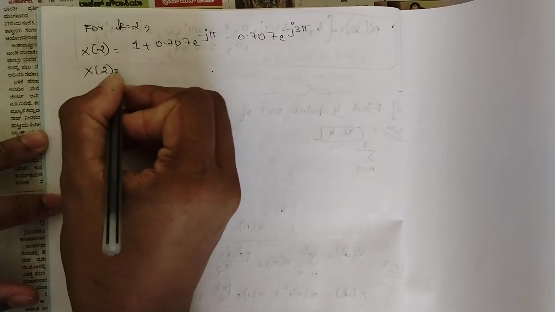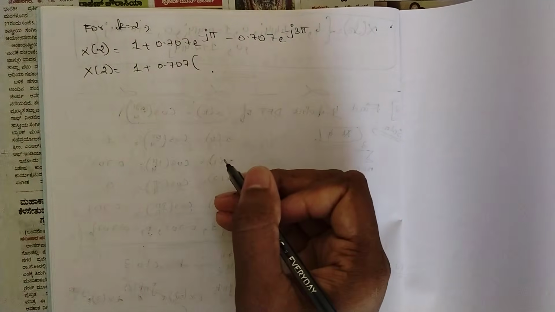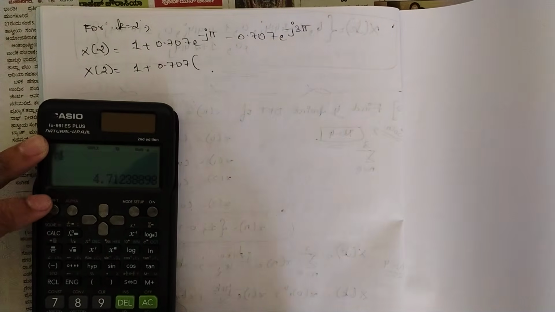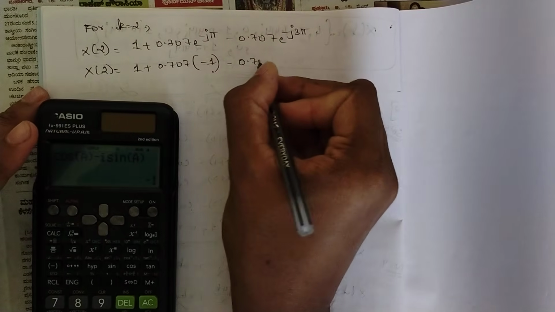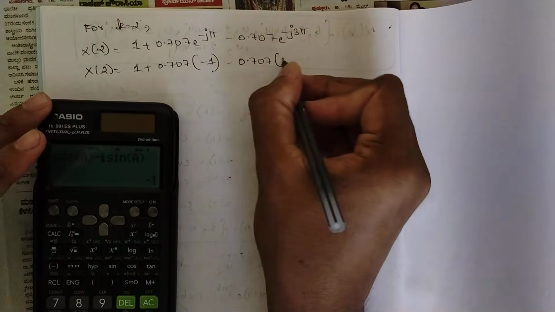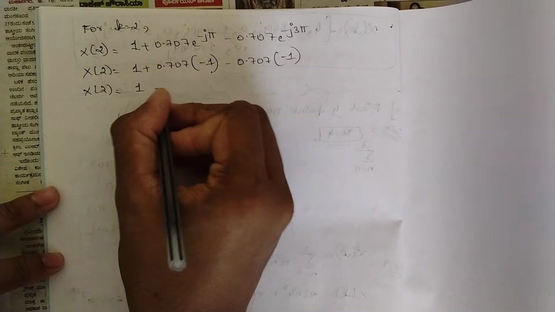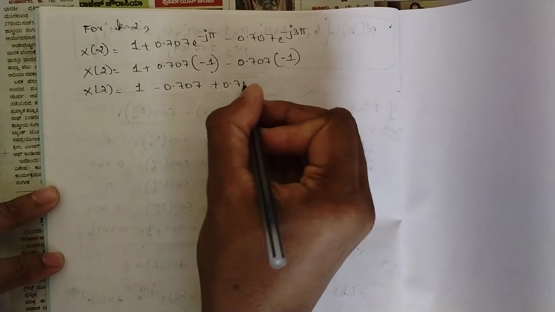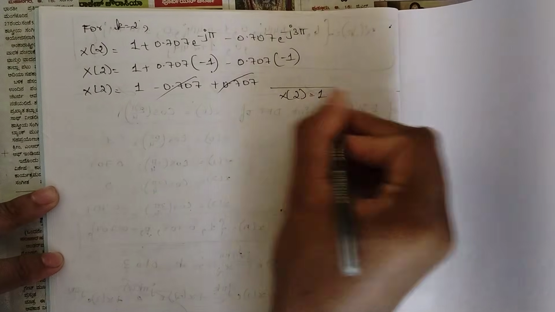So x of 2 is equal to 1 plus 0.707 into, the value of theta is now pi, minus 1, minus 0.707 into 3 pi, again minus 1. So we would be left with x of 2 is equal to 1 minus 0.707 minus into minus plus 0.707, so that is x of 2 is equal to 1.